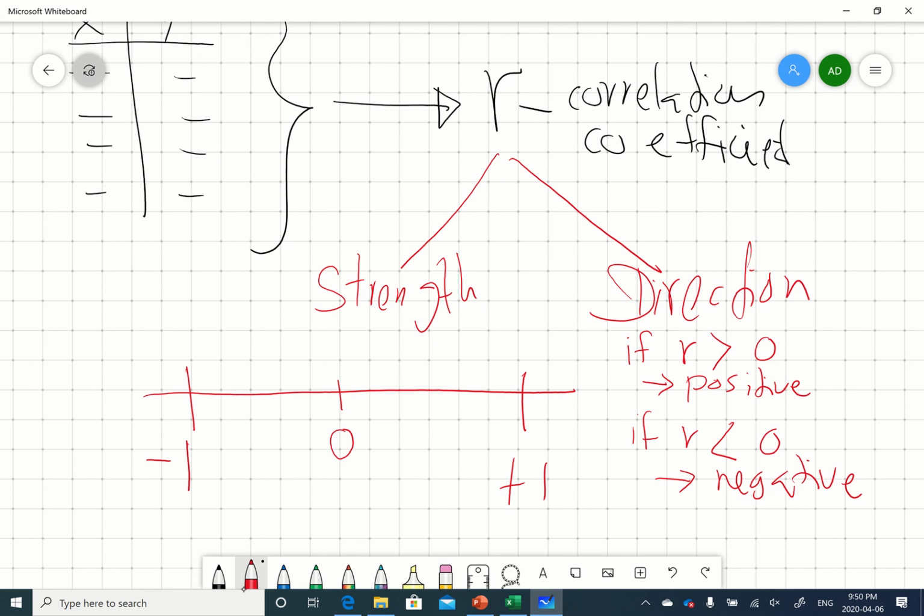If it is closer to 0 from any direction, negative or positive, we say the association is weak. There exists an association, but it's a very weak association. And if R is closer to +1 or -1, we say strong association.